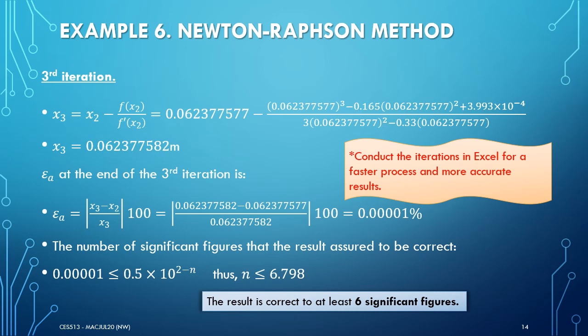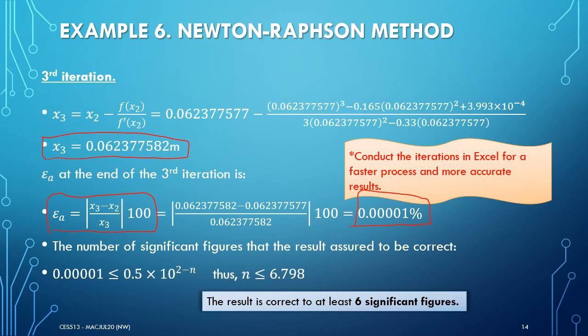And the last iteration, the estimated root x3, by using the similar equation, we can get x3 equal to 0.06237758 meter. The absolute approximate error here equal to 0.00001%.